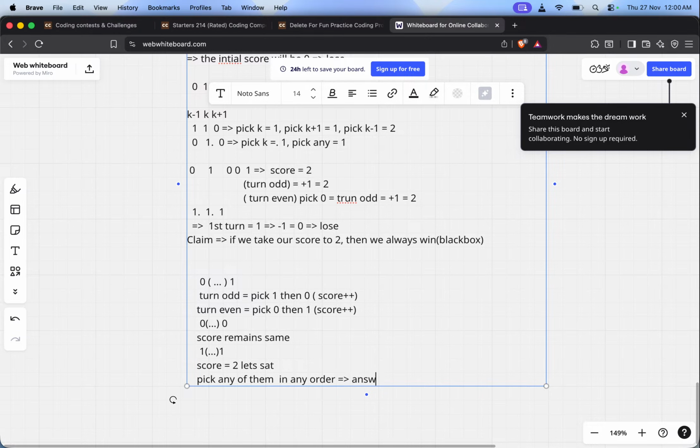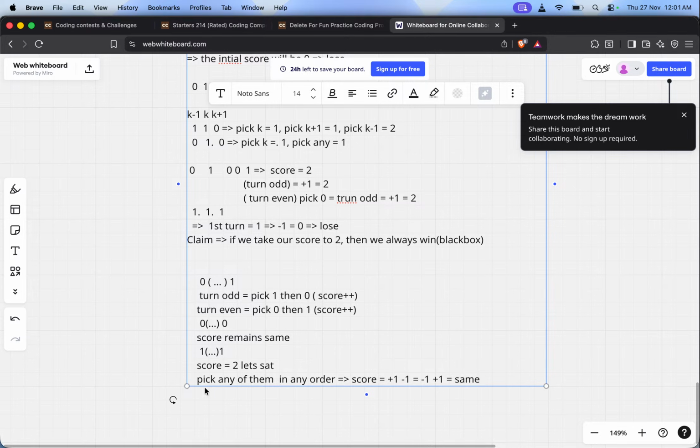Answer remains same, or score remains same, because +1 and then -1. Score is same. Score is equal to +1 and -1, or -1 and +1, alright, is equal to same.